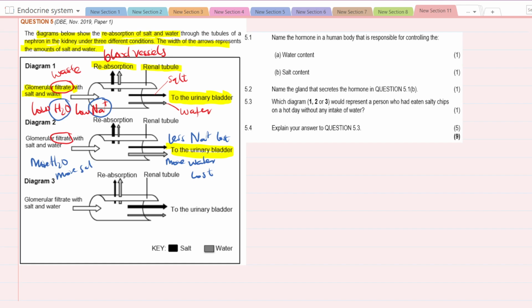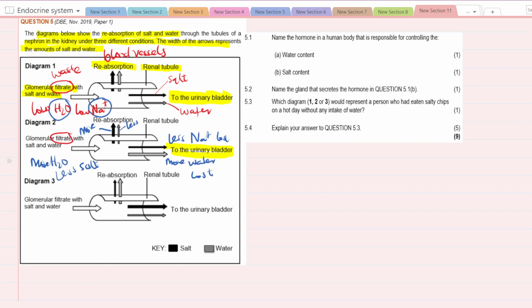Since there's more salt absorbed, it means they had less salt as a stimulus. So more salt is absorbed here, and less water is reabsorbed.